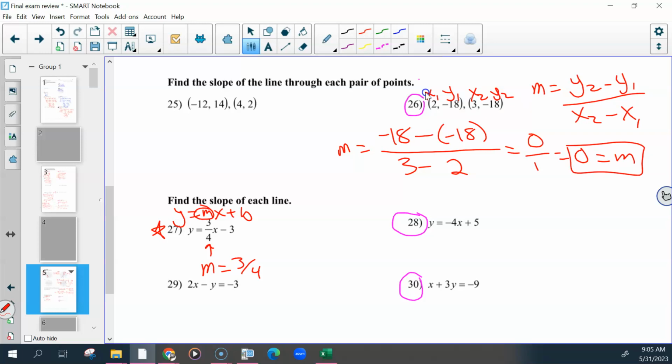In this case, we also could have known that m equals 0 because of the y values. They were the same. If your y values are the same, they're going to fall on a horizontal line, so your slope is going to be 0. The opposite would be true if there were x equals. Any others on this page that you want to go over?